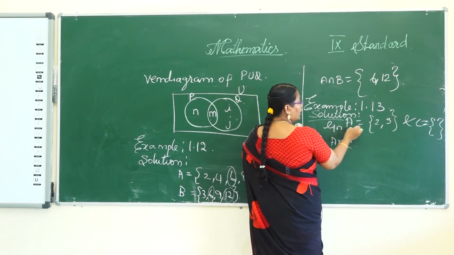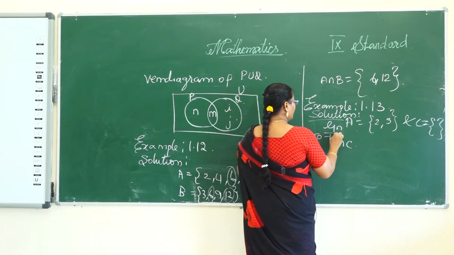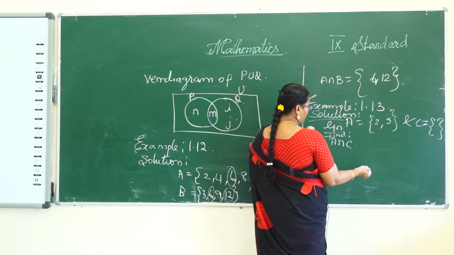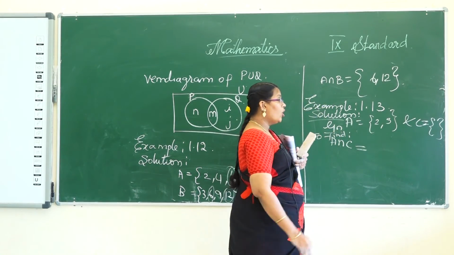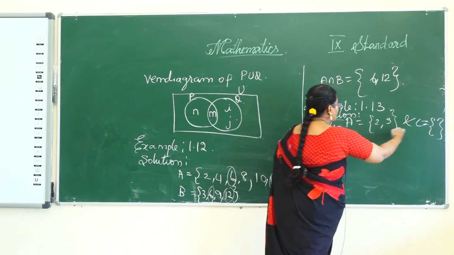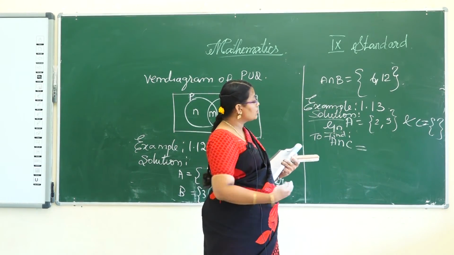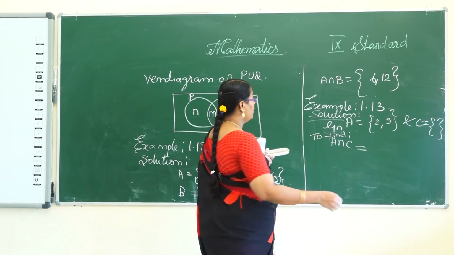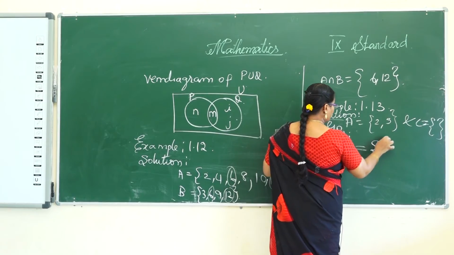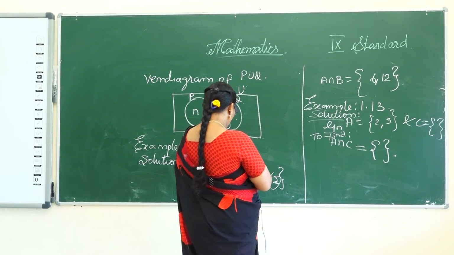Given A is equal to {2, 3} and C is a null set, find A intersection C. A intersection C means write the elements common to both sets. Nothing is common in the two sets. A and C have no common elements, so the answer is the null set. I hope you understand the example problems.